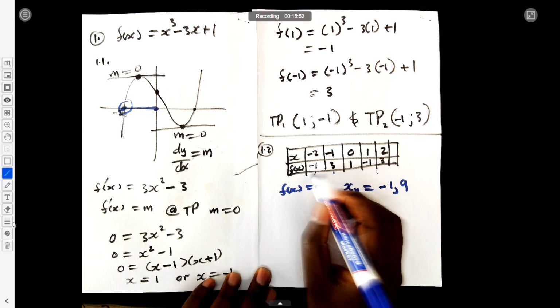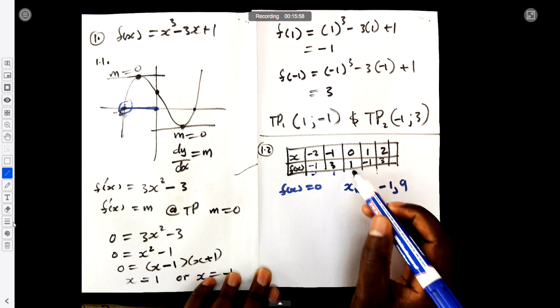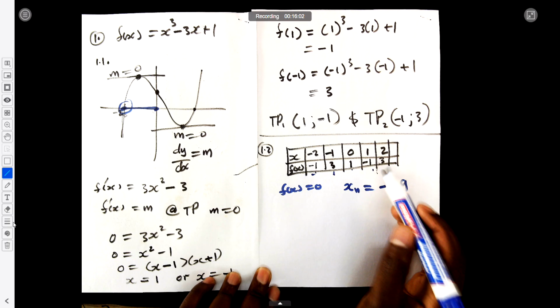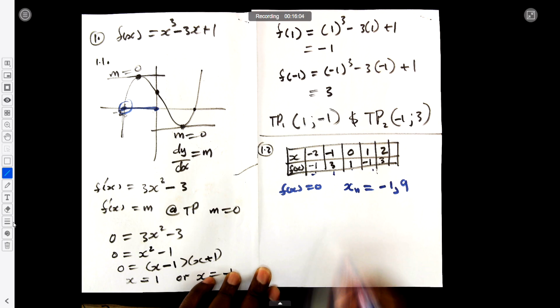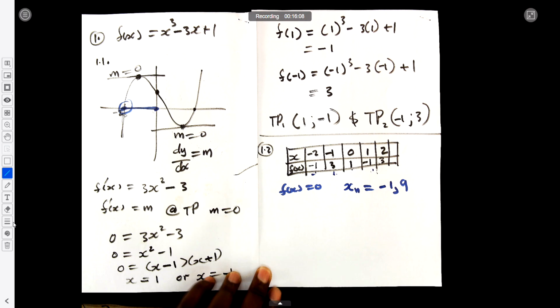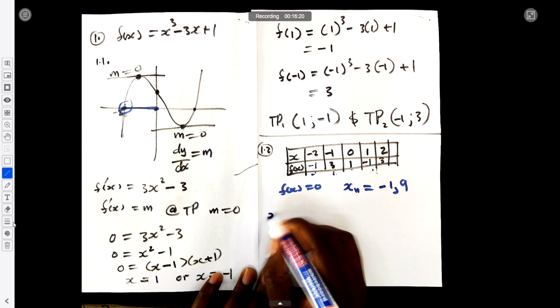So between the two values here is where we have f of x equals 0. Another value again is somewhere here, this is positive, this is negative. It's either between 1 and -1, or between -1 and 3. So we're supposed to approximate in that way. But if we're given the initial value, let's not waste time.